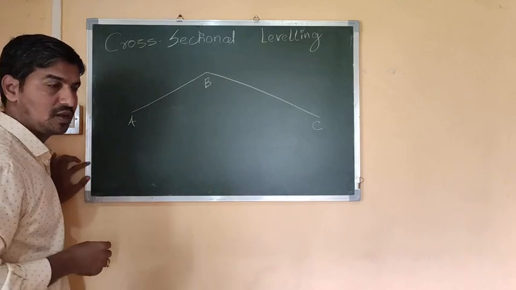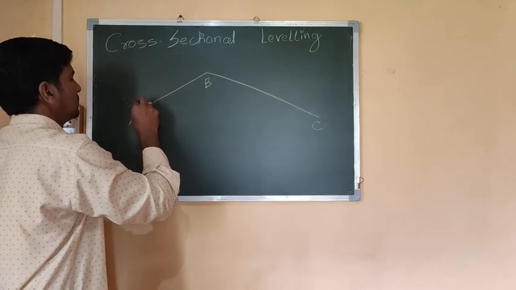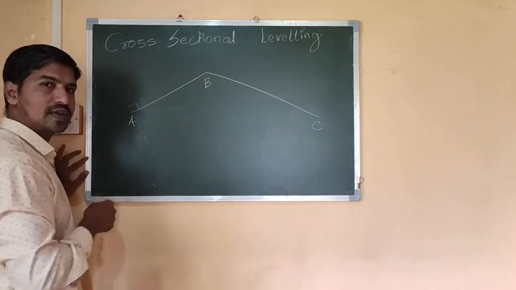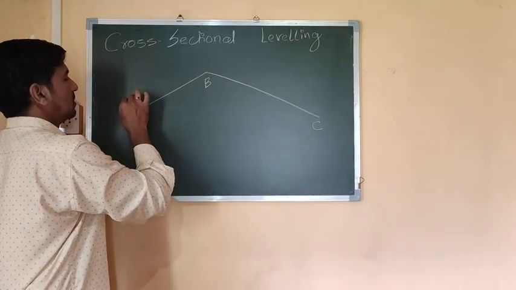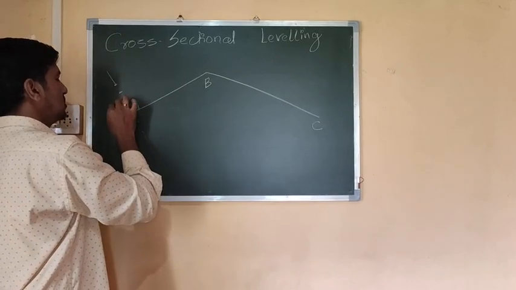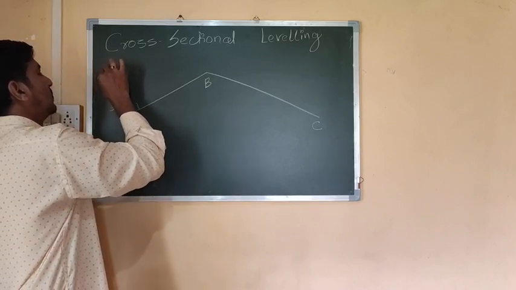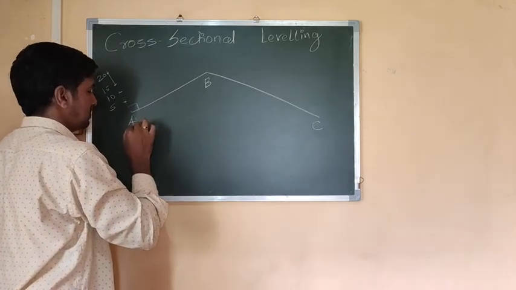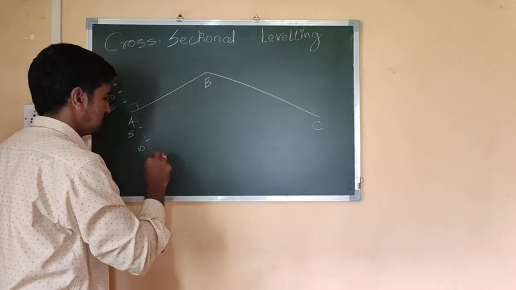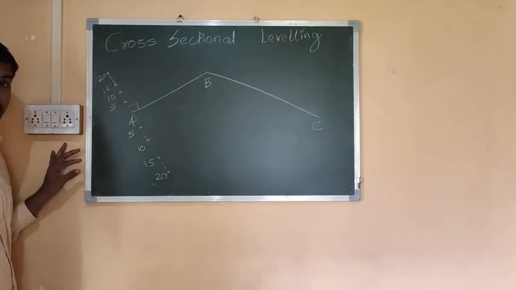First, across AB, let us divide this width into equal distances. Say 5, 10, 15 and 20 on both sides.